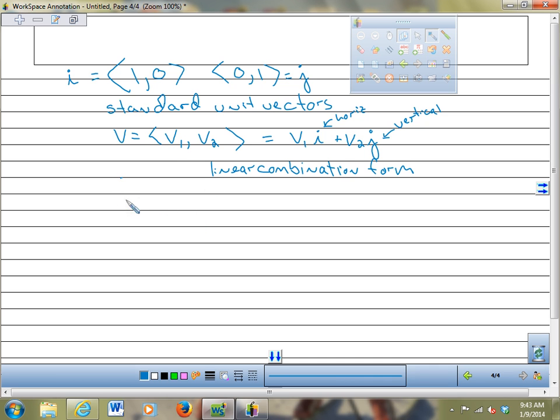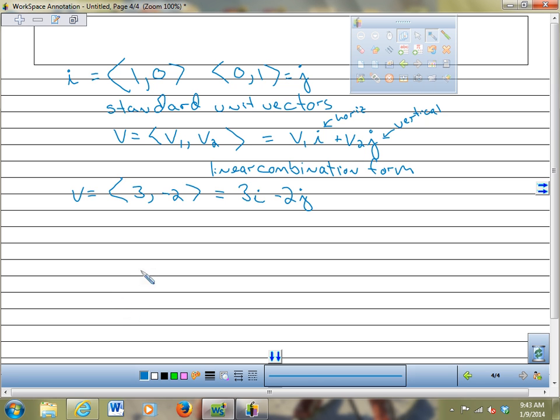So if I have a vector v where it's ⟨3, -2⟩, another equivalent way to write that vector is just 3i minus 2j. It means exactly the same thing, okay?